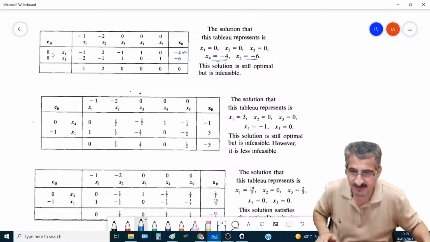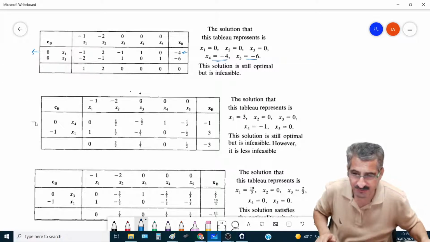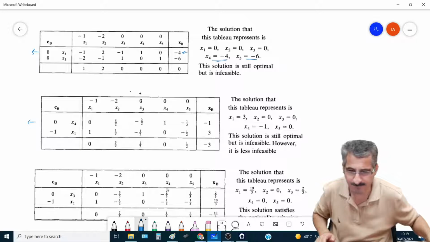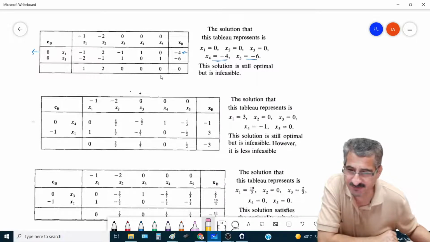So this shall be the departing variable. Now how do we decide the departing row? Let's go back, take this and stay above there. So this is the departing variable.